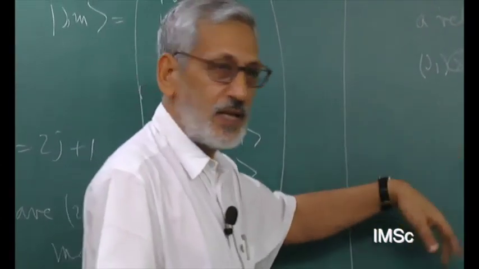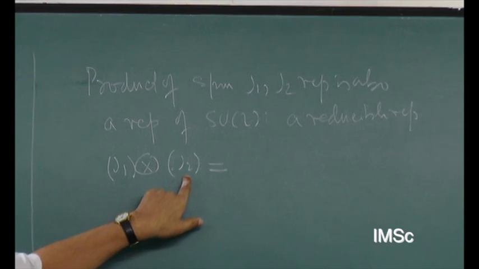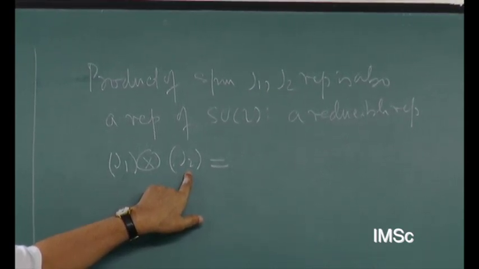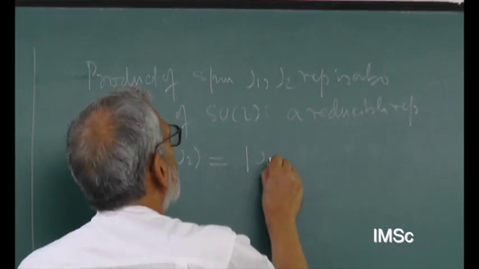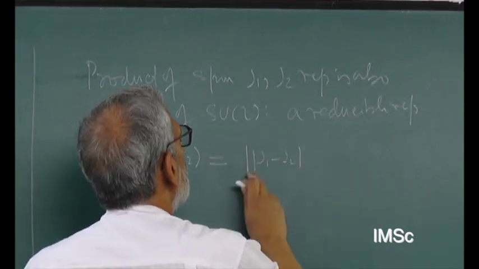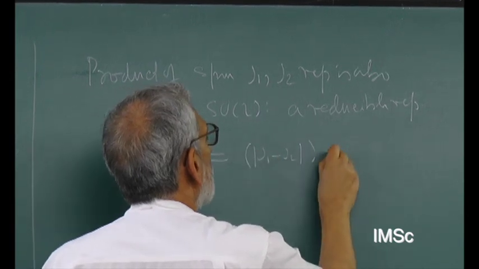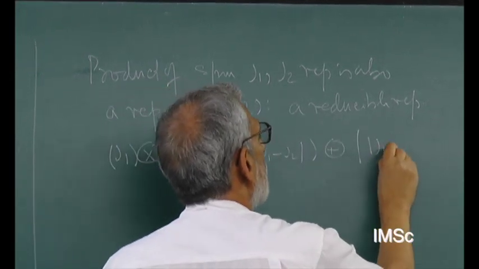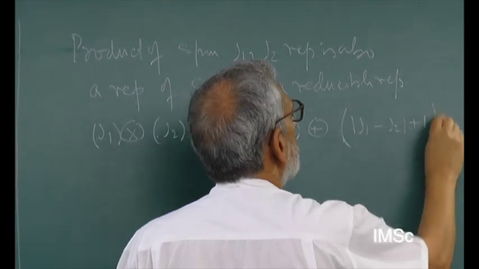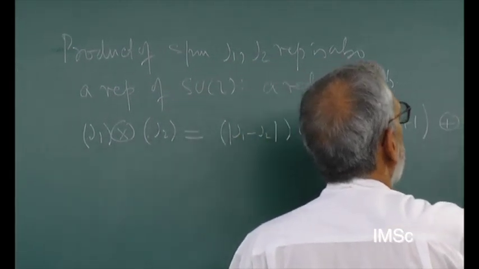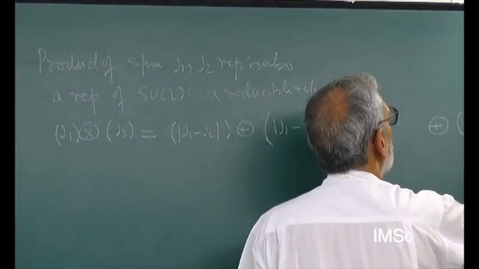So I take the spin J1 representation, take a product with the spin J2 representation, and this I can write as a sum of irreducible representations: from the modulus of the difference of J1 and J2, up through the sum of J1 plus J2.